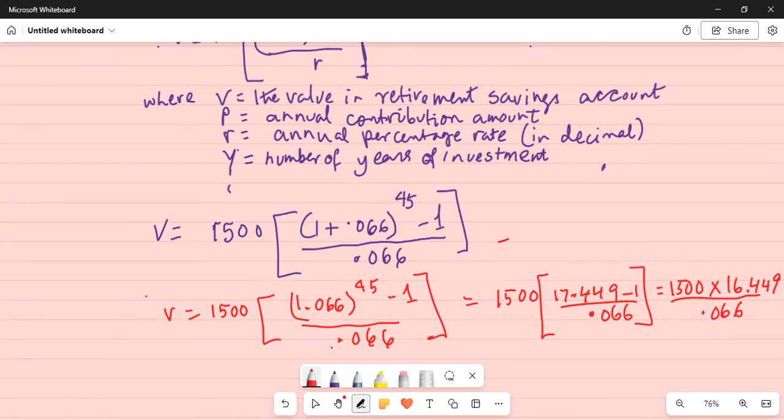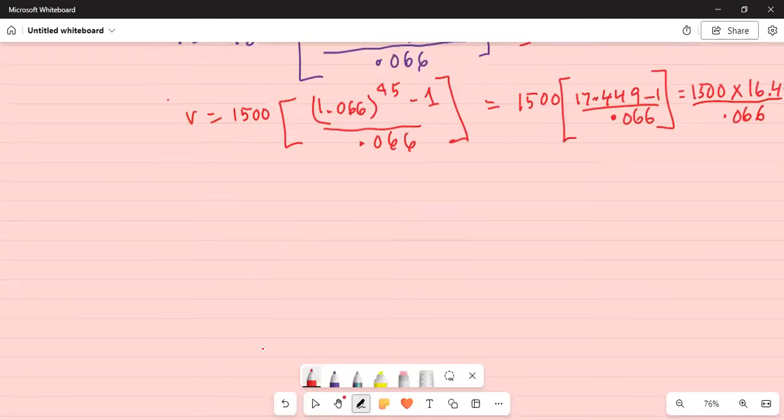So the value at the end of 45 years is equal to 380,566.52, which is almost equal to 380,567.